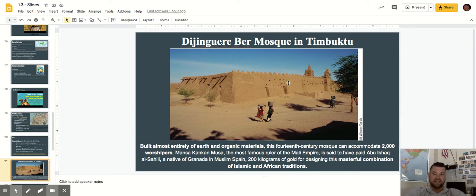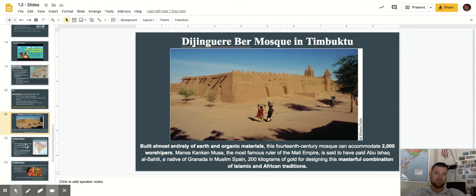Certainly not like this, but this is how Africans built their structures and their castles or their religious centers, because these were the materials that were available to them. They weren't going to import marble all the way from India just to build a mosque, because that's a waste of money. They were going to use the materials that they had. So again, cultural diffusion in terms of architecture.